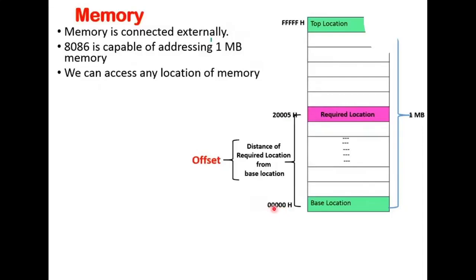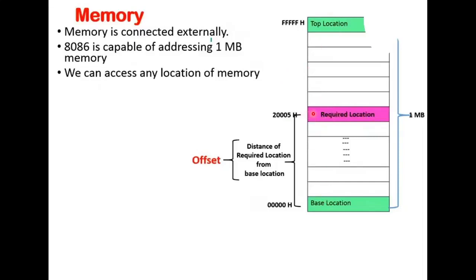Start from 0, 0, 0, 0, 0, and the maximum value will be F, F, F, F, F. This is also a hexadecimal value. The starting memory location we can call the base location, and the final memory location we can call the top location. In between this base location and top location, somewhere my required location is there.